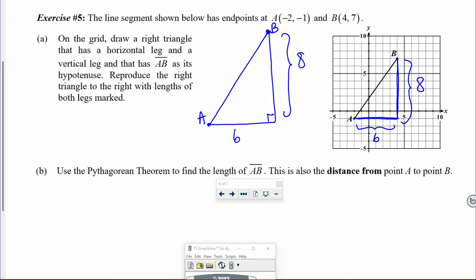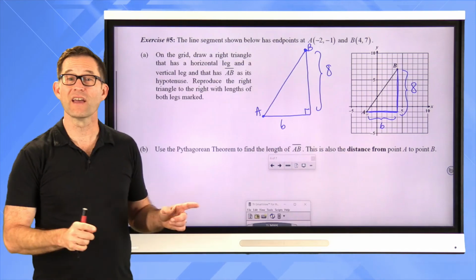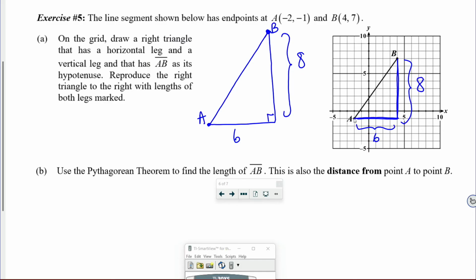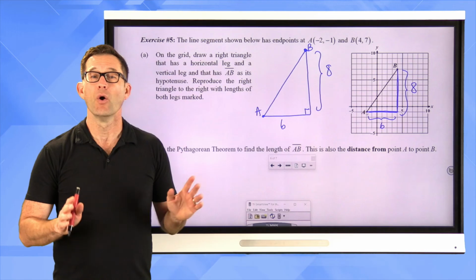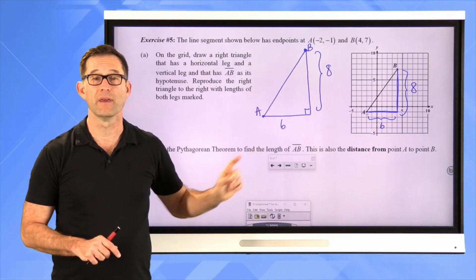You just kind of count those up if you wanted. And now, of course, we can take a look at letter B. Use the Pythagorean theorem to find the length of AB. This is also the distance from point A to point B. Why don't you go ahead and use the Pythagorean theorem to find the length of AB.